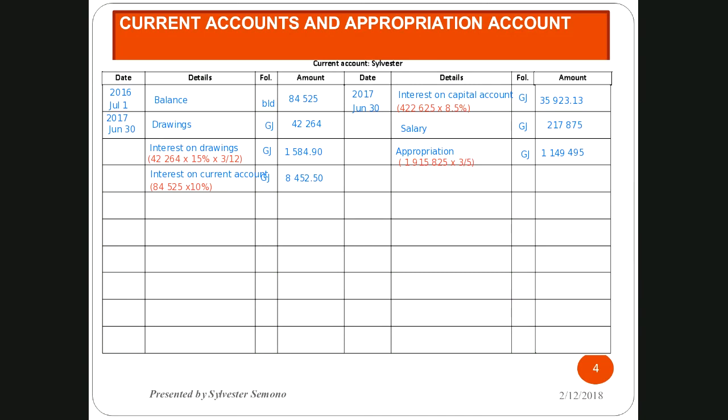So we need to check which side is the biggest. So we need to check between the debit and the credit, which is the biggest.